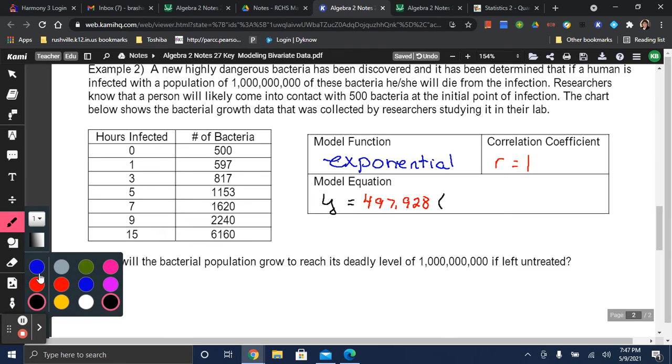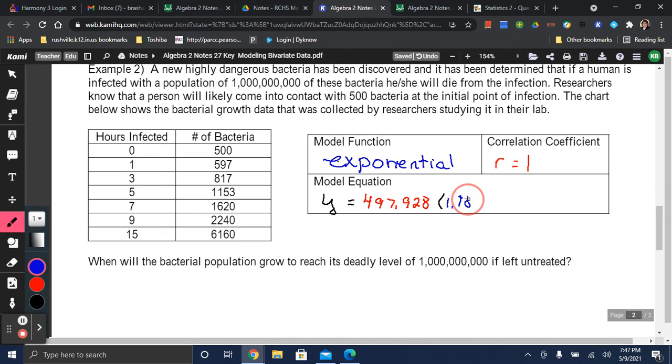So our B value, 1.18255. Then we'll close the parentheses, and x is our exponent. So this is our model equation.